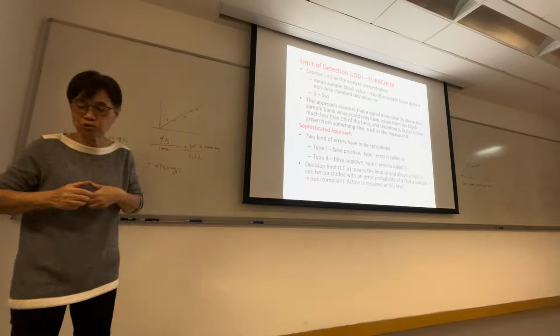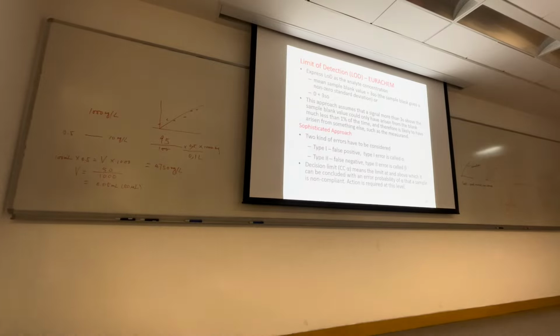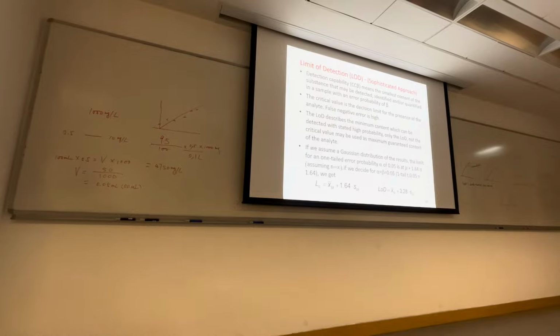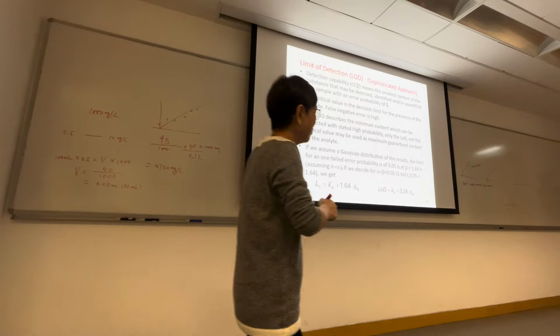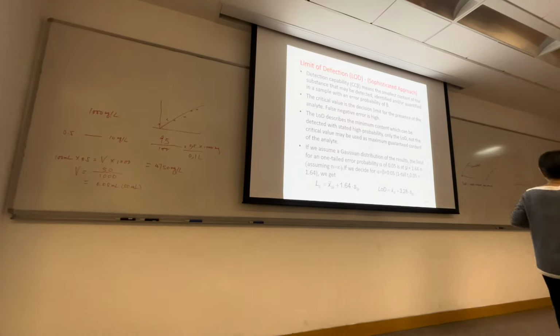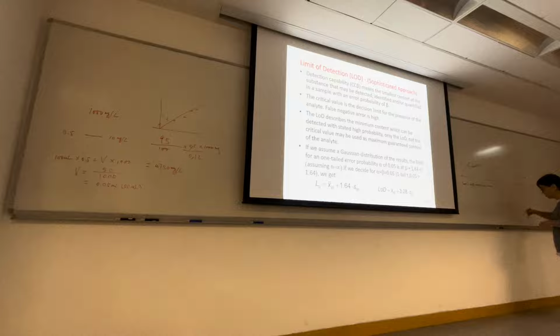So how to get this CC alpha? Everything is just statistics. CC alpha or CC beta, one side is the false negative, another side is the false positive. So it multiplies a figure of 1.64. That means this is 3 standard deviations. Now they cut off the signal more or less around here.